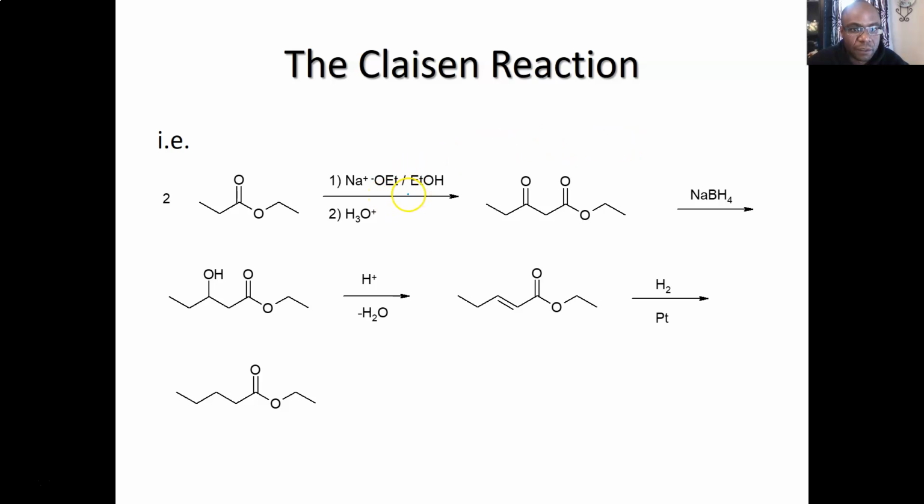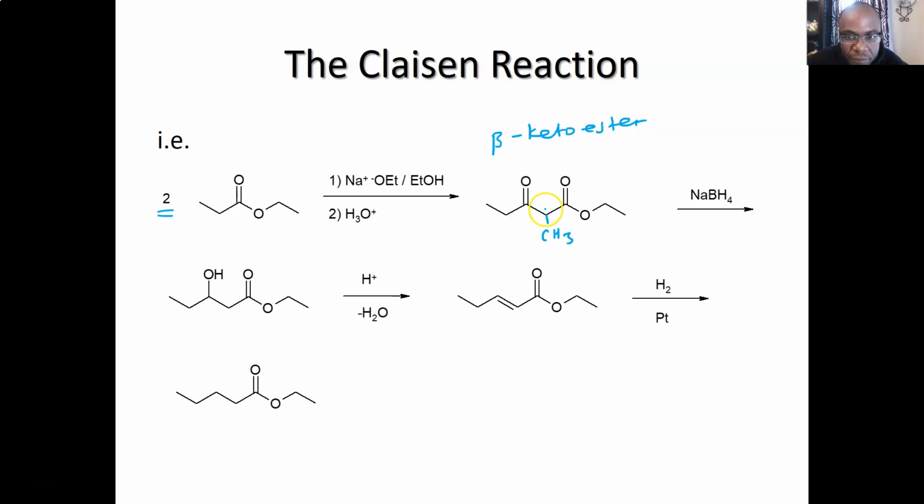Okay, so what do we mean? We mean if you do your Claisen reaction, I'll keep correcting, you have a CH3 here, you have what we call a beta ketoester.